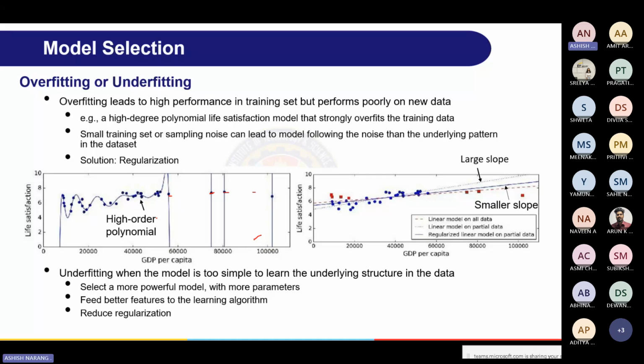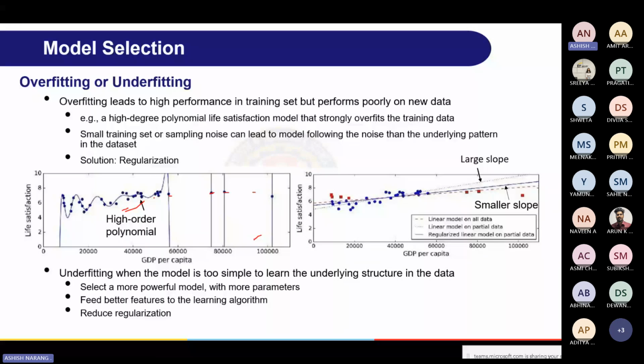When I have this kind of a model which perfectly aligns with the training data and comes up with a complex curve like this, which is a higher order polynomial curve, this will result in overfitting. The moment you give it test data, it will not perform that well.